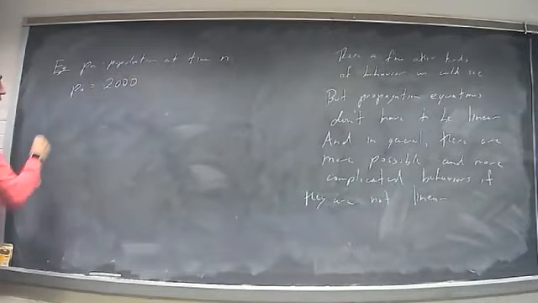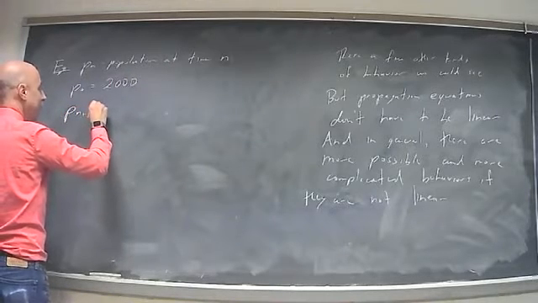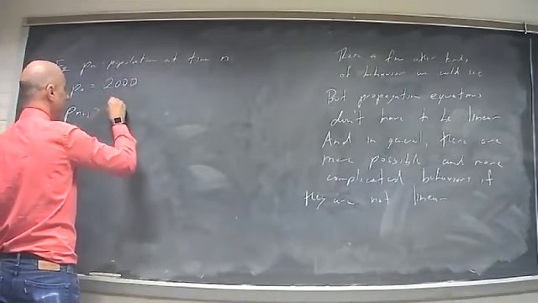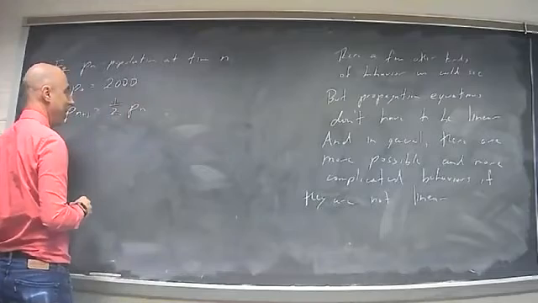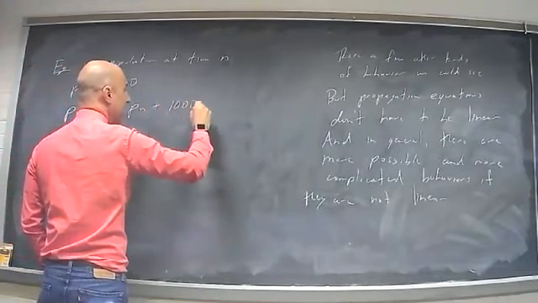And let's say P of n plus 1 is equal to 1/2 times population at time n plus 1,000.